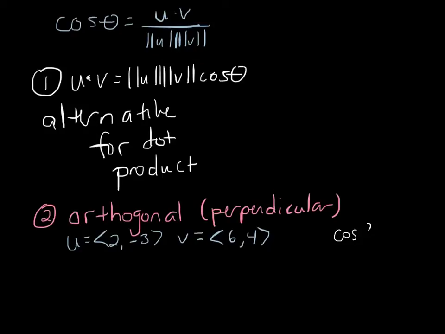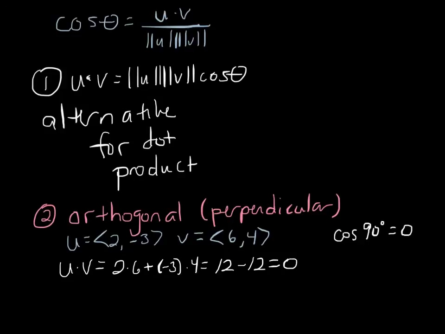And we know that the cos of 90 degrees is equal to 0. So in order for this fraction here to be equal to 0, the numerator would have to be equal to 0. So we're really just looking to see if u dot v is equal to 0. So let's say u dot v is equal to, we get 12 minus 12, which is 0.